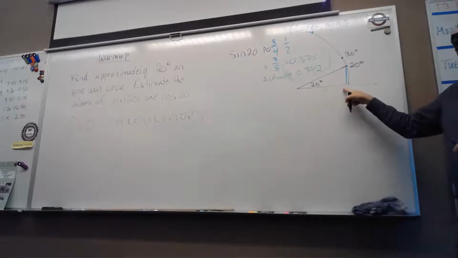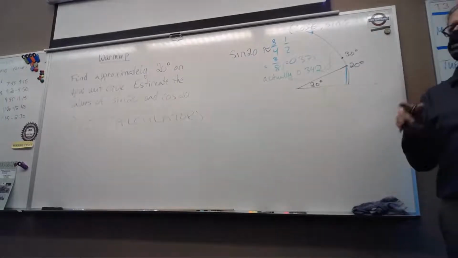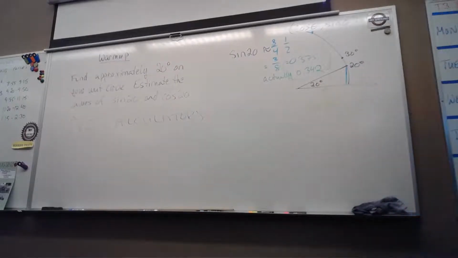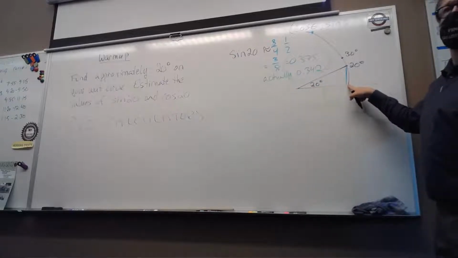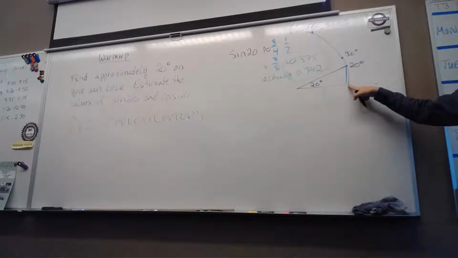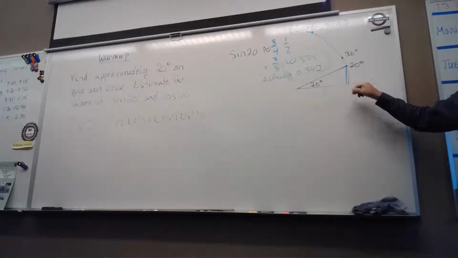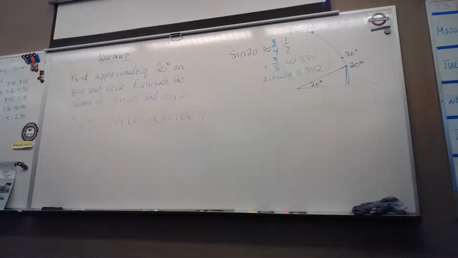What fraction of our length would you say that we have on our 20 degrees? How long is it from the center all the way to here? About one? Or exactly one? Yeah. All the way to the circle is exactly one.